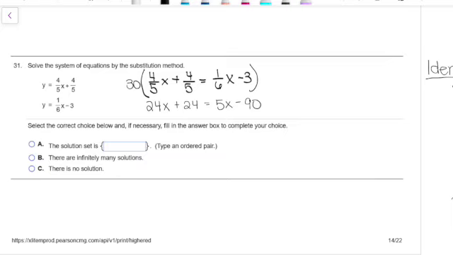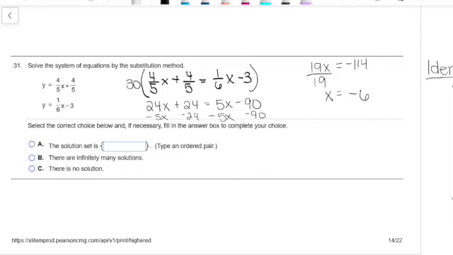So then subtract 5x from both sides. 19x equals, subtract 24 from negative 90 would be a negative 114. Divide that by 19.